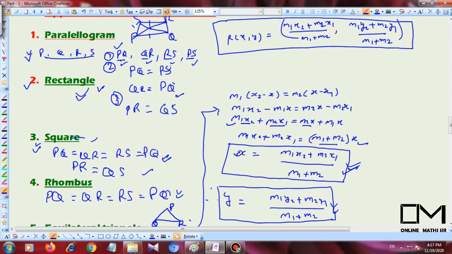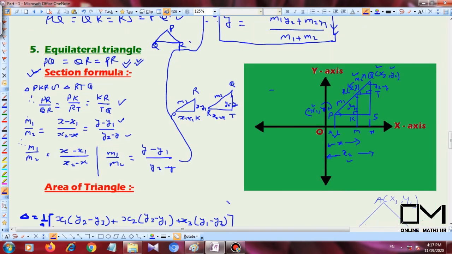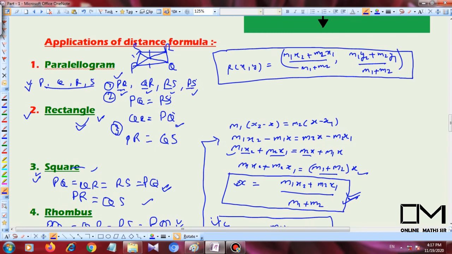Similarly, when you solve the second ratio, you will get the y coordinate, which is equal to m1 y2 plus m2 y1 upon m1 plus m2. It means the section formula: the point R, which divides the given line segment PQ, is (x, y) equal to (m1 x2 plus m2 x1 upon m1 plus m2, m1 y2 plus m2 y1 upon m1 plus m2).